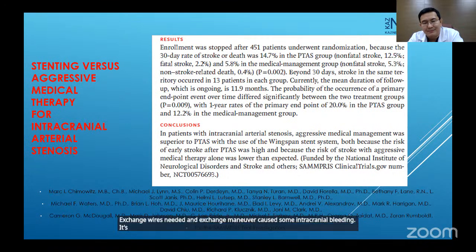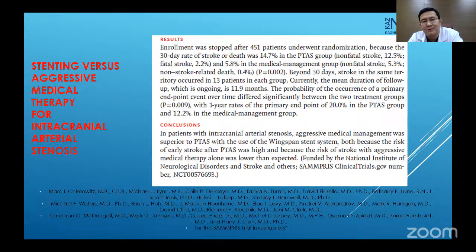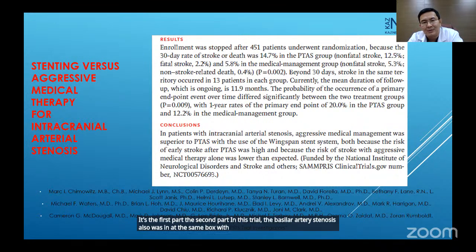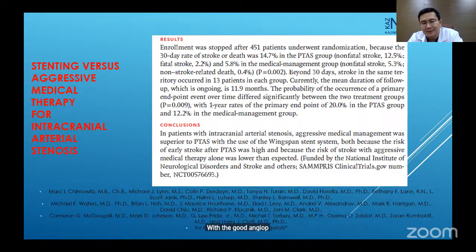The second part, in this trial, the basilar artery stenosis also was in the same box with other intracranial stenosis. That's why the complication rate in the mid-basilar or distal basilar segment with good angioplasty usually was followed by perforator territory strokes.